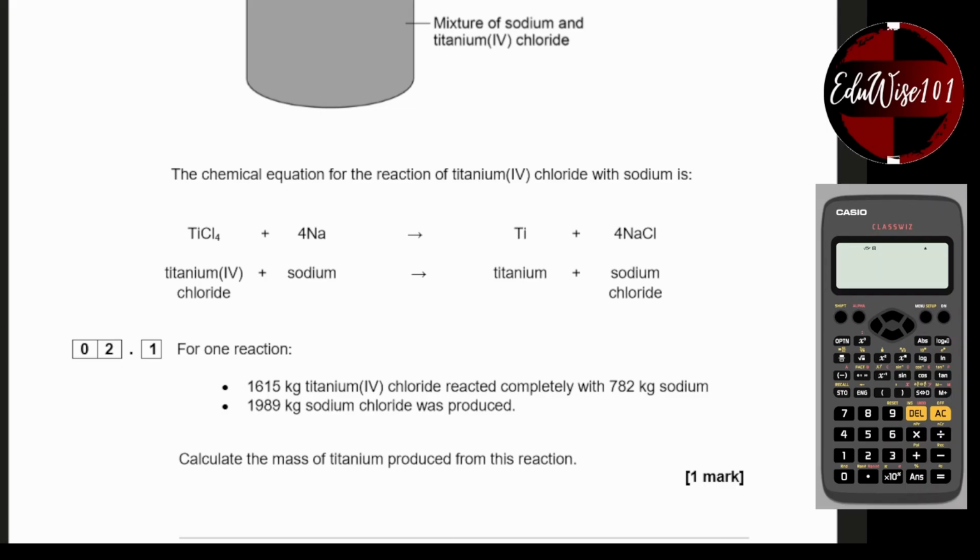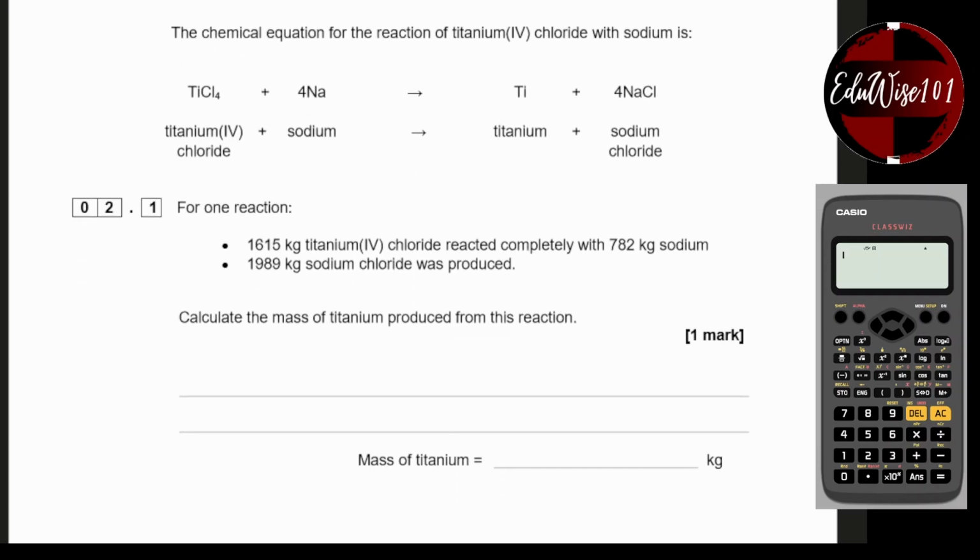Question 2.1. For one reaction, 1615 kilograms of titanium 4 chloride reacted.